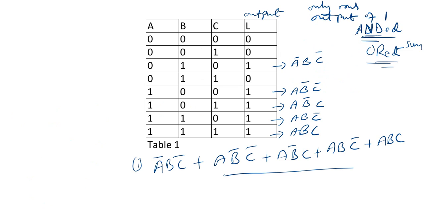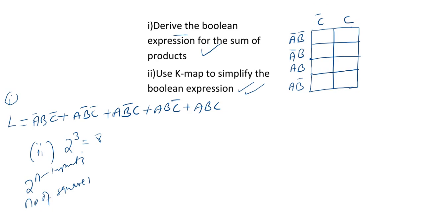So in K-map, we map the expression in it, meaning we look at the square that corresponds to each of the terms, and we write 1 at that particular square.